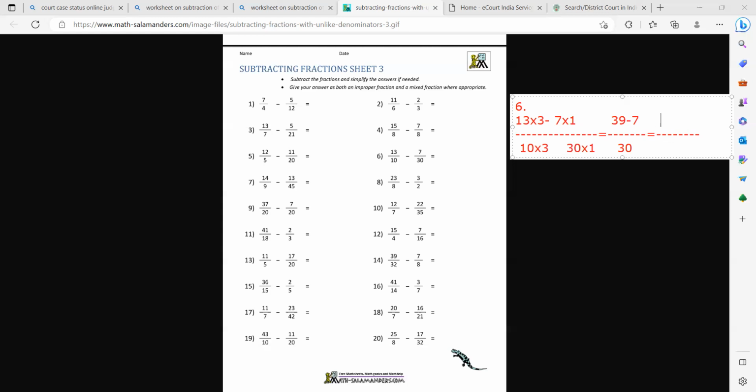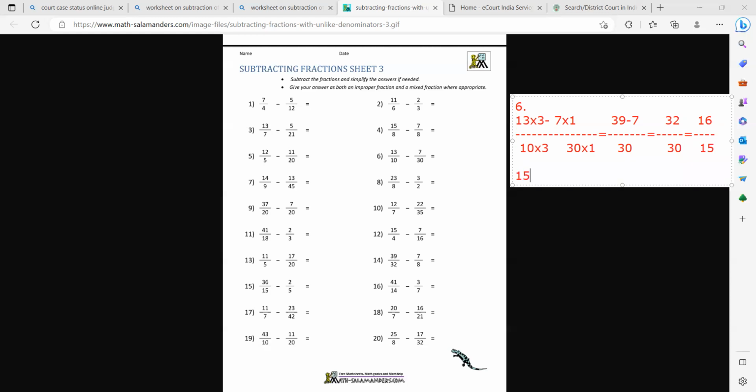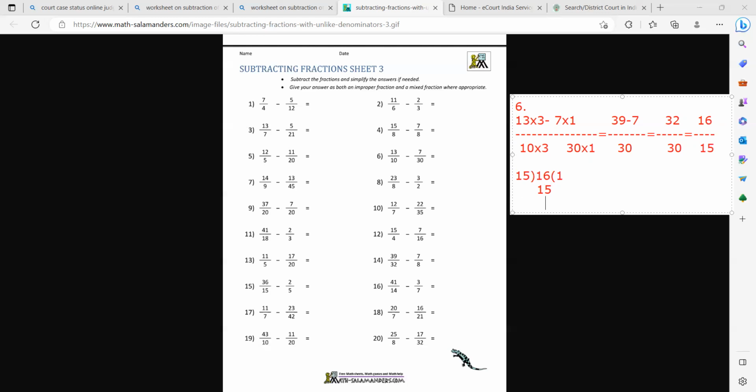32 divided by 30. Both of these numbers can be divided by 2, equal to 16 divided by 15, which gives us the answer as, when we divide 15 and 16, 16 minus 15 is equal to 1.